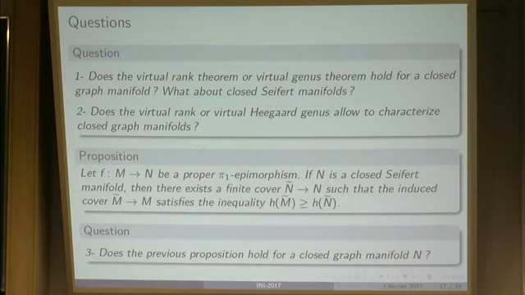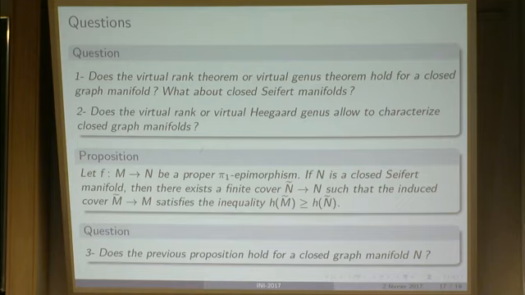And so does the virtual rank or virtual Heegaard genus characterize closed graph manifolds? There are now results which say that the profinite completion characterizes graph manifolds, so the finite quotients. You can show also that if you look at the virtual first L2 norm, you can characterize graph manifolds.